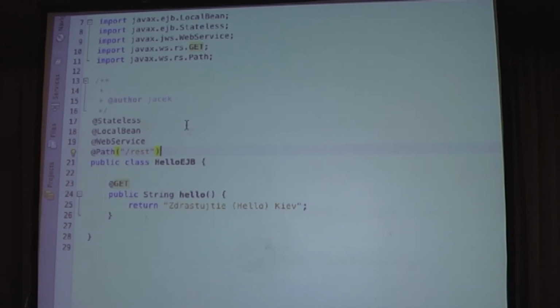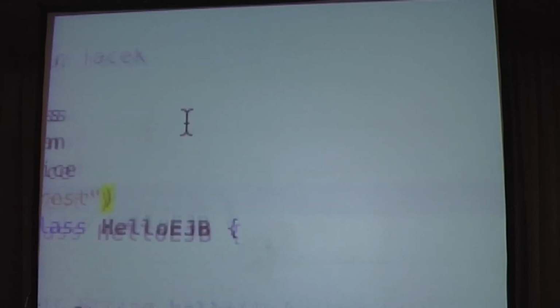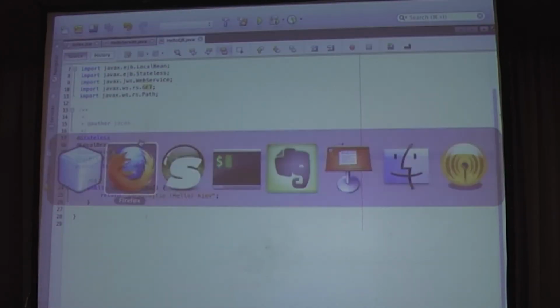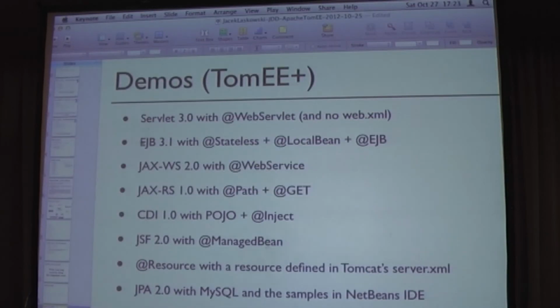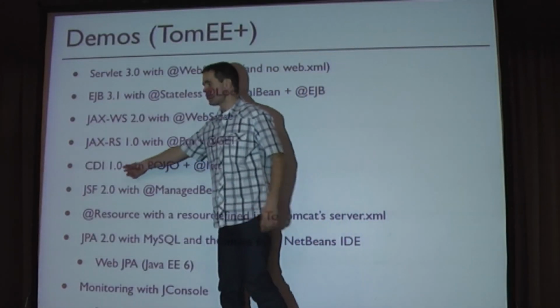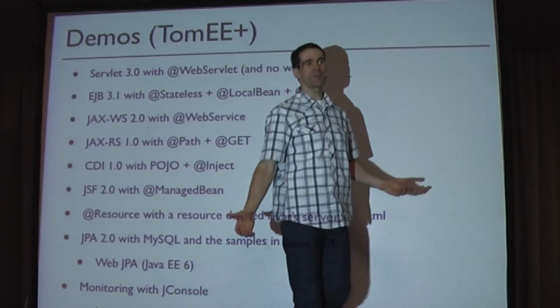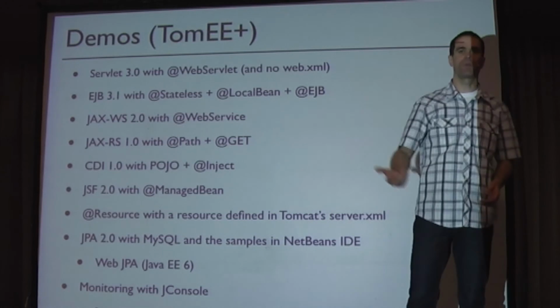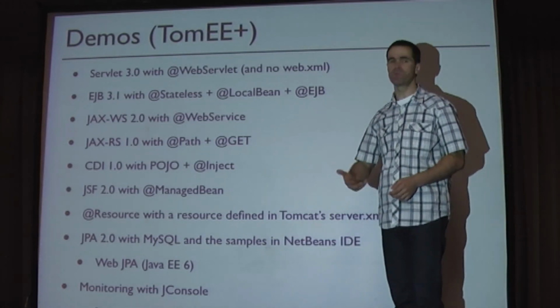Okay, so how much time do I have? None left. Okay, so let's finish it. What I meant to show you more, but I'm not going to do it, is CDI. What it takes is to create an empty beans.xml in WEB-INF, and create a POJO and inject it into my servlet.